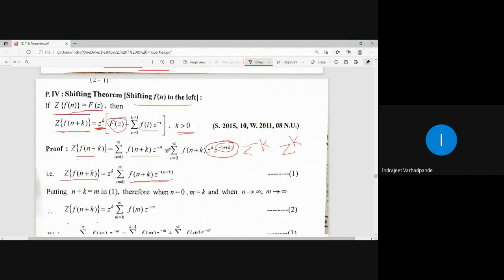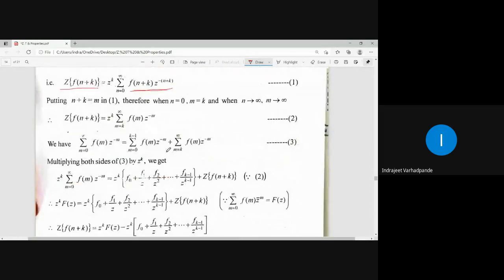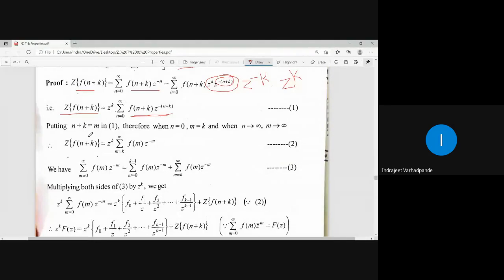F of z should come, so the sequence should be in m or n. So I take the term n plus k as m. So n equal to 0 gives m equal to k, and n tending to infinity gives m tending to infinity. The summation m equals k to infinity f of m into z to the power minus m.